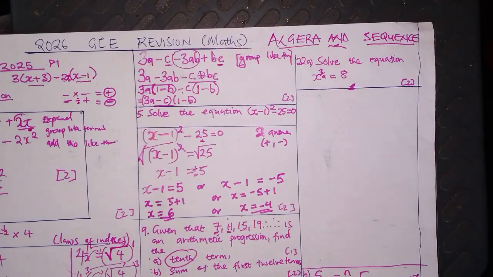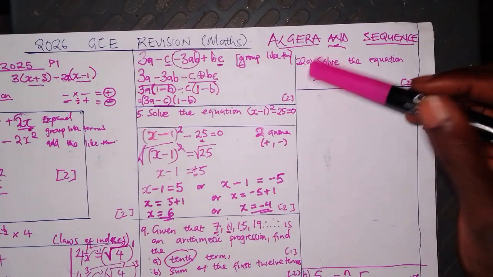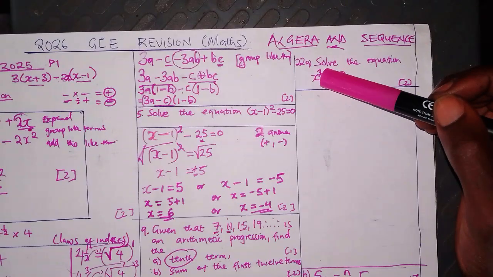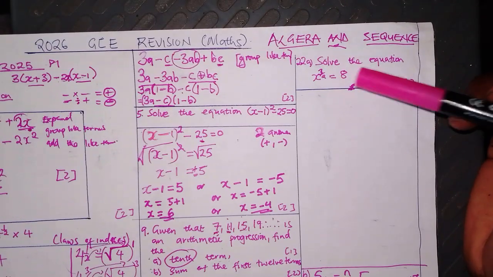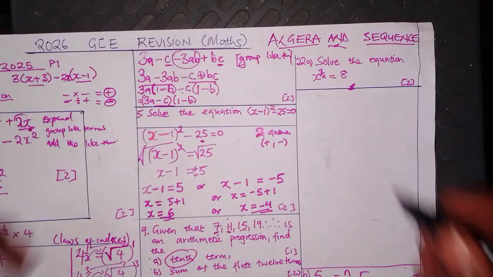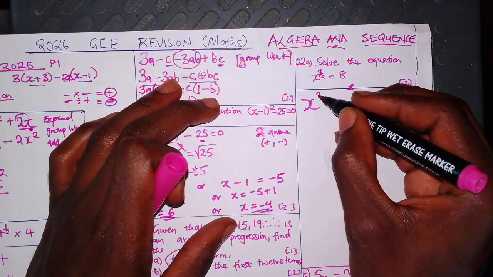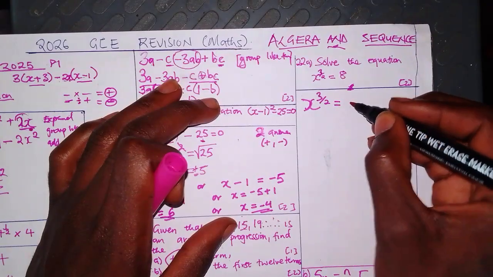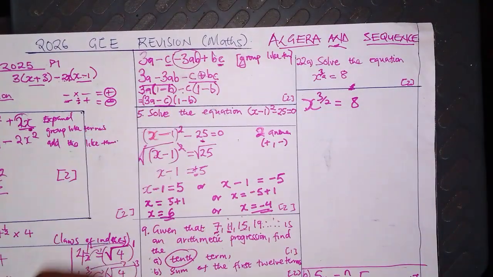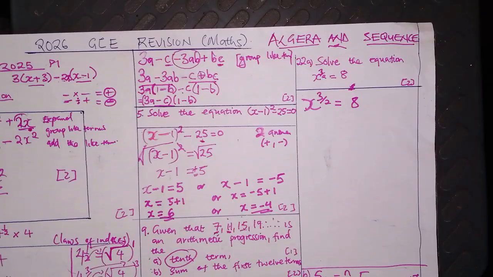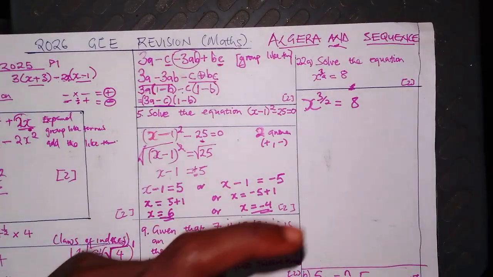Again, back to algebra. So here the question is saying solve the equation x raised to 3 over 2 is equal to 8. So here the principle which you need to apply is quite simple but tricky. Yeah, the question is looking simple but it's quite tricky.